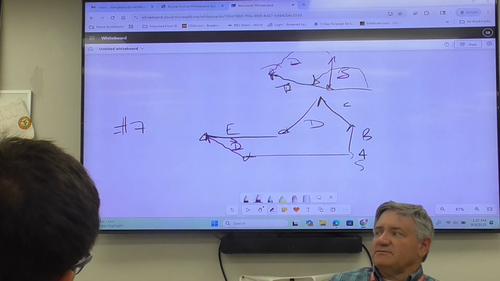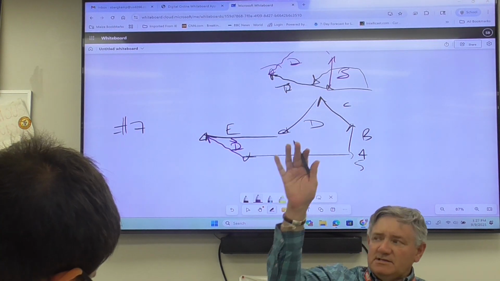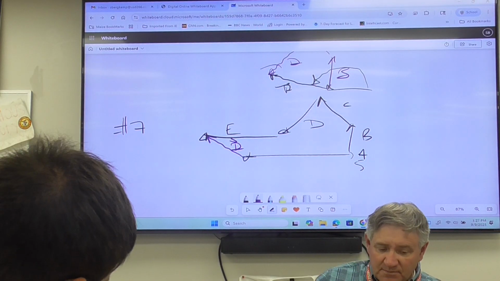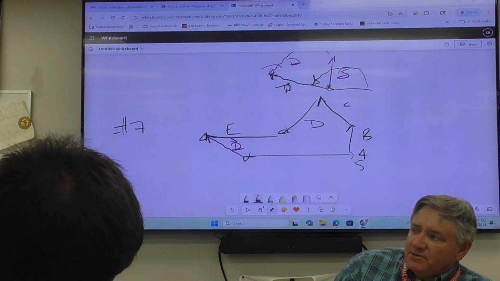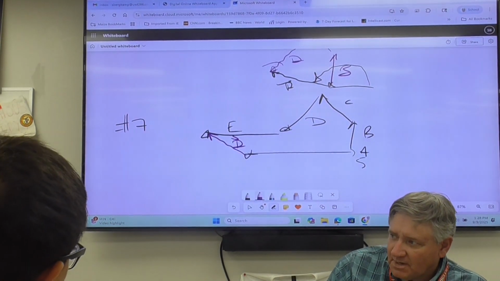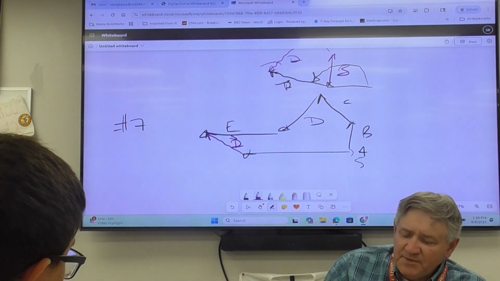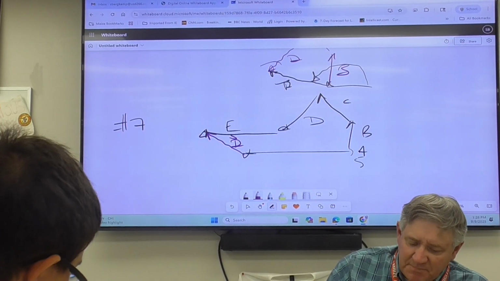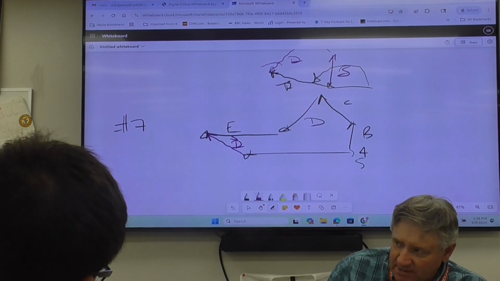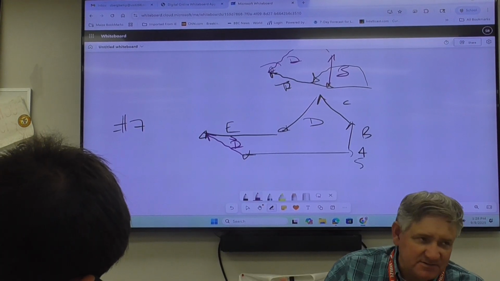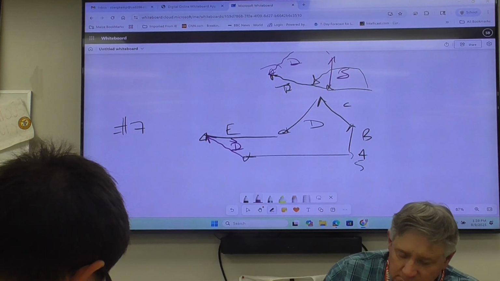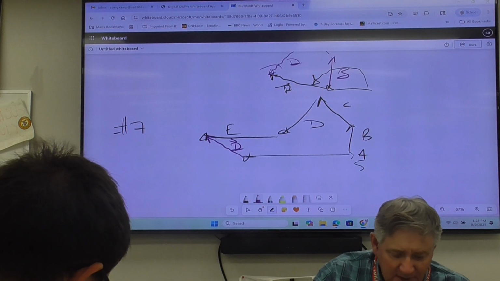So that's what number 7 should look like: A, B, C, D, E. And oddly enough, the answer to number 7 should also be around 4 centimeters and 170 degrees. Because what happens between 6 and 7 is that you're adding A and E to it, but A and E in effect cancel each other out because they're in opposite directions. So if you gave that a little bit of thought.